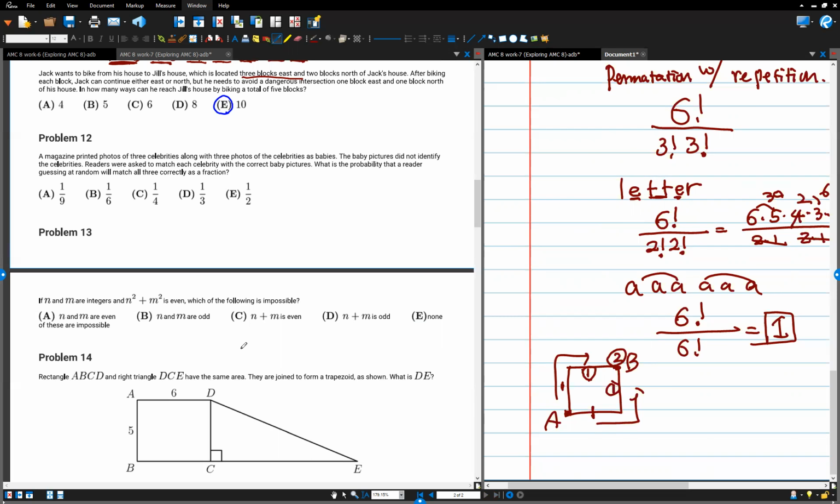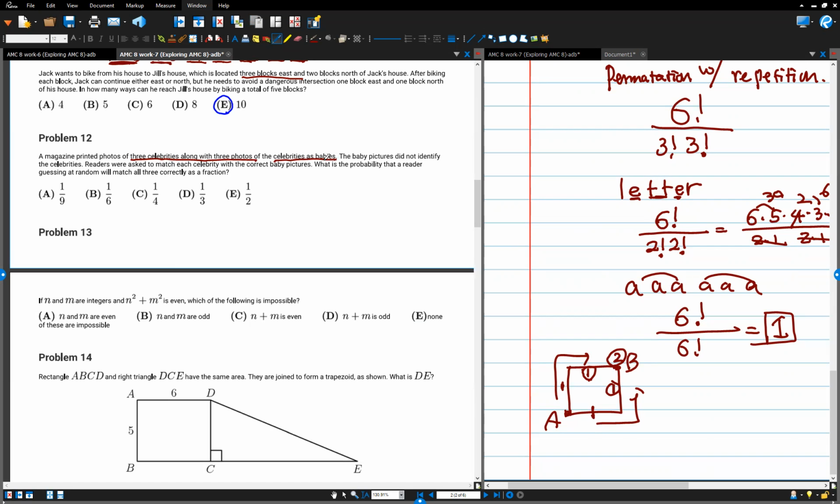So you can read the question. The magazine printed the photos of 3 celebrities, along with 3 photos of the celebrities as babies.